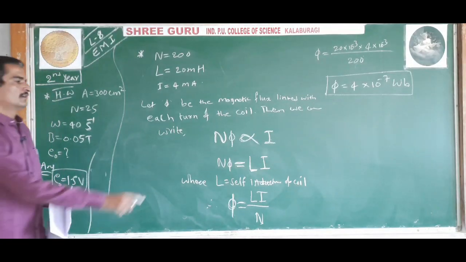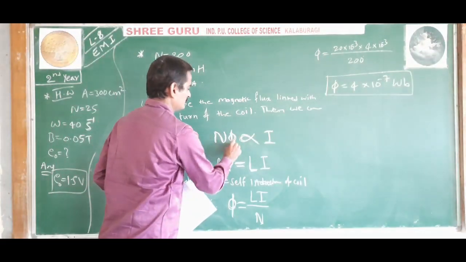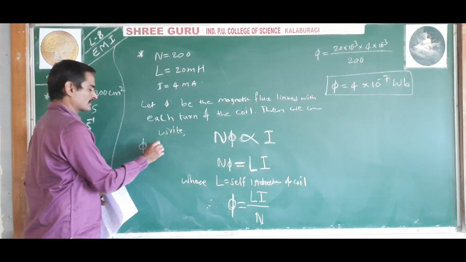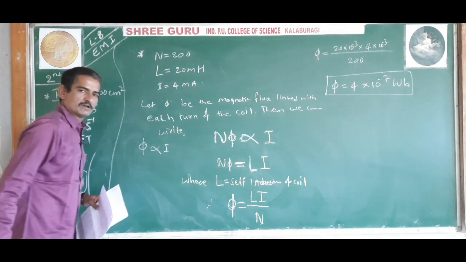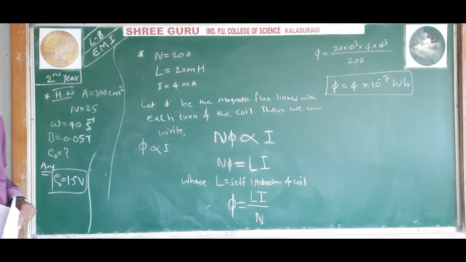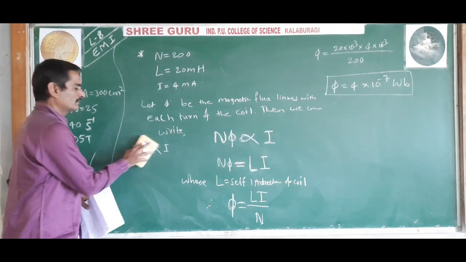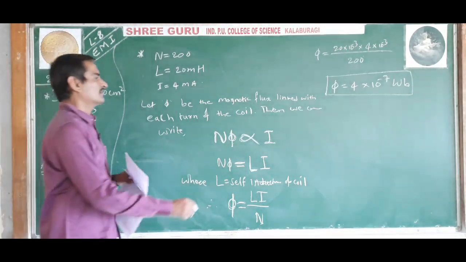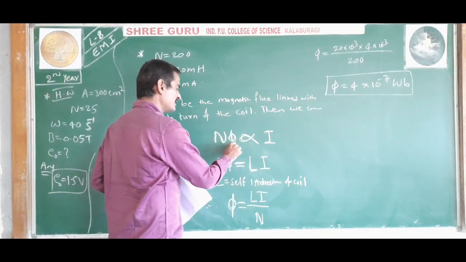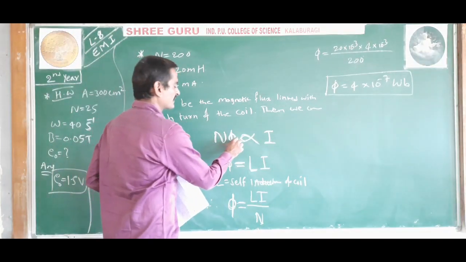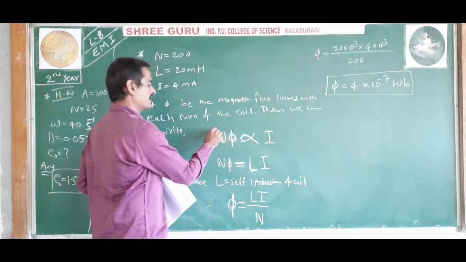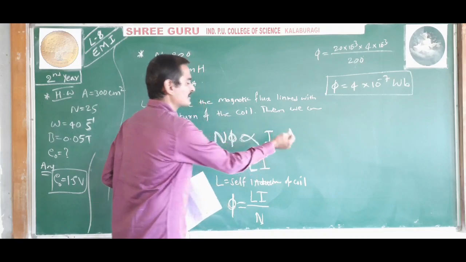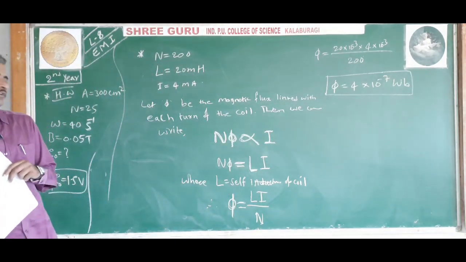See here how to write this formula. In the theory classroom, we have written that the total magnetic flux linked with a coil is directly proportional to the current flowing through the coil. Understood? So the total magnetic flux means N phi, because phi is the magnetic flux linked with each turn of the coil. Then N phi is the total magnetic flux, and it is directly proportional to the current flowing through the coil.